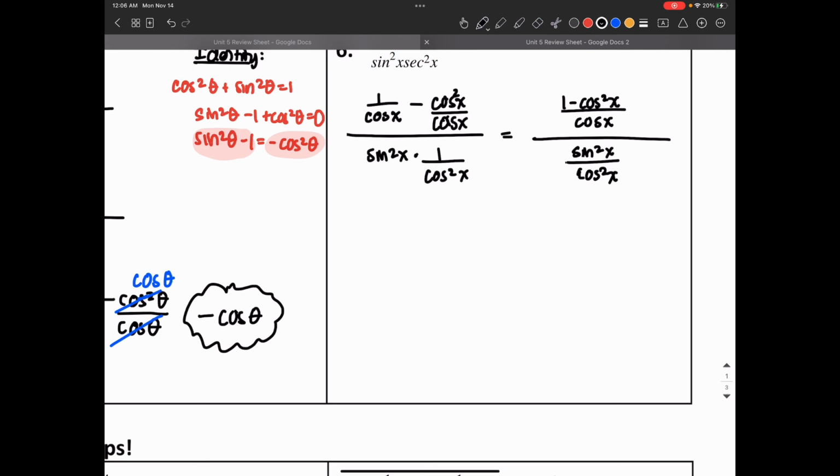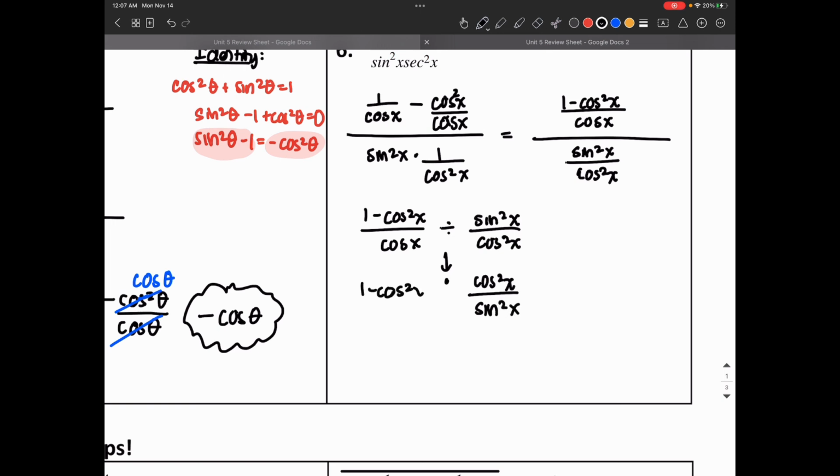I know that if I rewrote this divided by sine squared of x all over cosine squared of x, I could flip the division to multiplication and flip my second fraction to its reciprocal, and then I would have 1 minus cosine squared of x all over cosine of x times that.